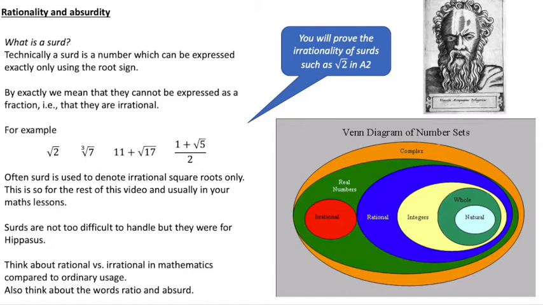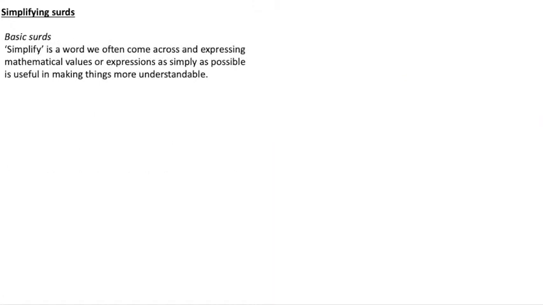We also have irrational numbers, and the rational and irrational numbers together with more numbers that are neither rational nor irrational make up the real numbers. And then bigger than that you've got the complex numbers, which you will look at if you study further maths. So numbers are not simple, but fortunately surds are not too difficult to handle, as I mentioned, so we'll have a look at them now.